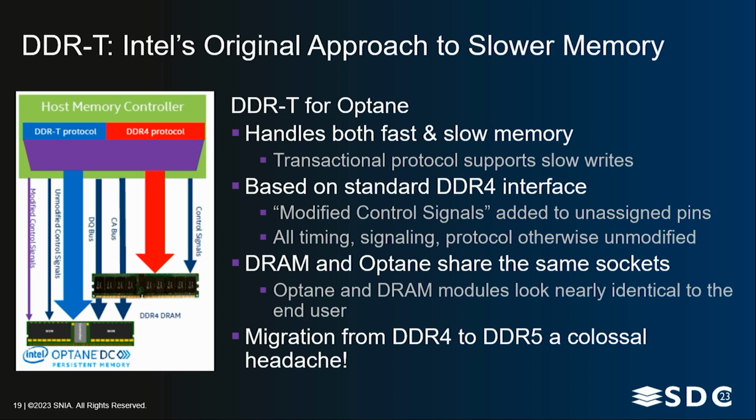There are other arrows that pass through. Those are pretty much the same signals for all of these things. And there were just a handful of signals that were different, that were on unassigned pins on the JEDEC DDR4 standard. And so the timing, the protocols, all of that were the same for DDRT as they were for DDR4. And so that allowed you to put DRAM and Optane into the same sockets.